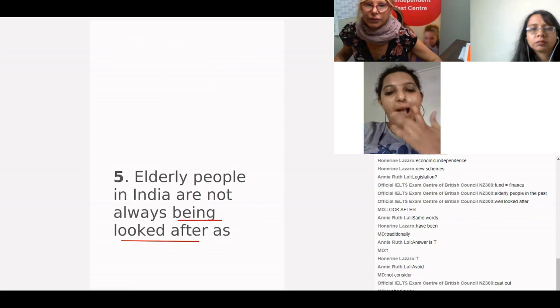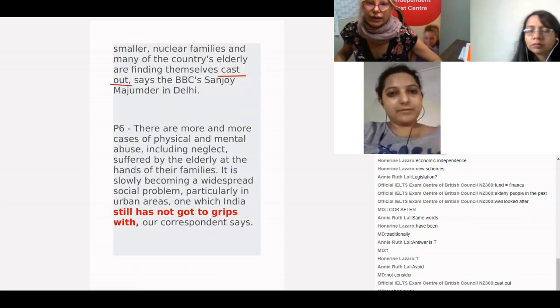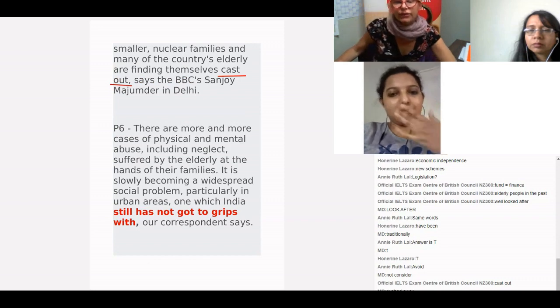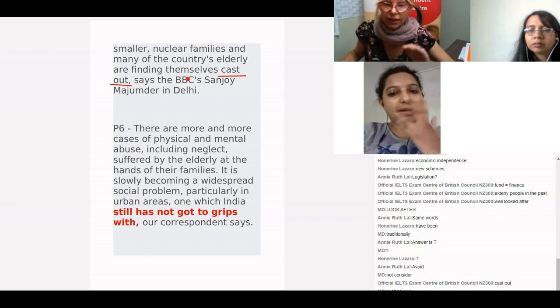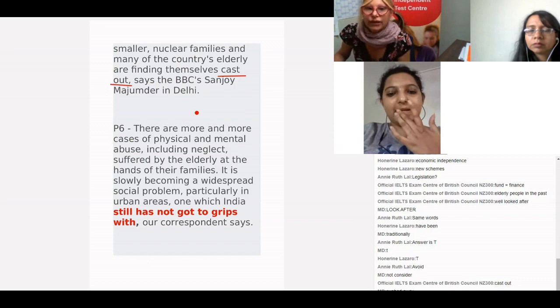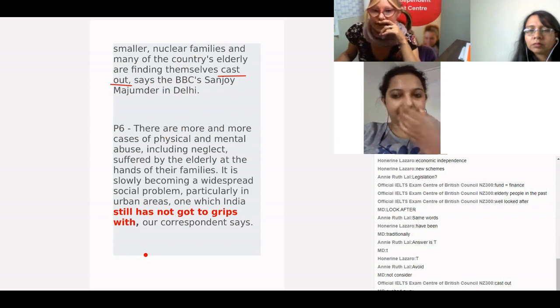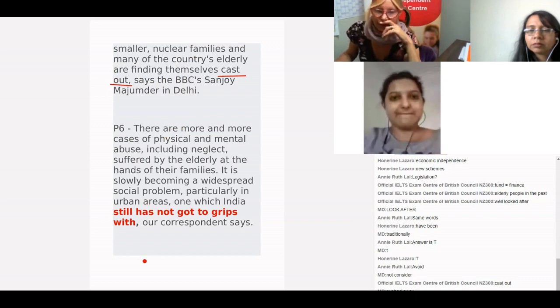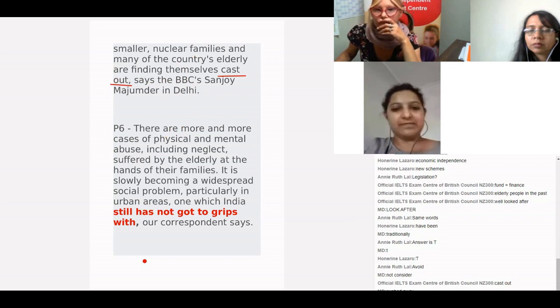So in the text, if we go back and try and find it now. Okay, so we've looked at this information in paragraph 5 about what's happening now, but we haven't found the information about what India is starting to do, dealing with it. Okay, so we're going to read paragraph 6 and see if we can find anything at all about how India is dealing with this problem.